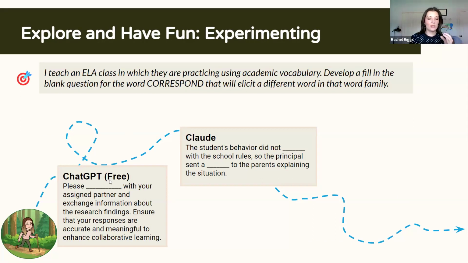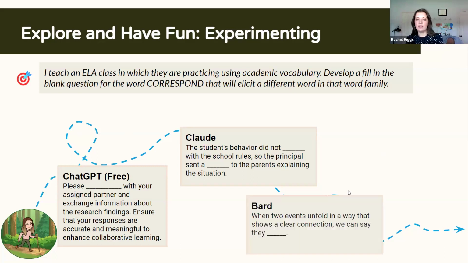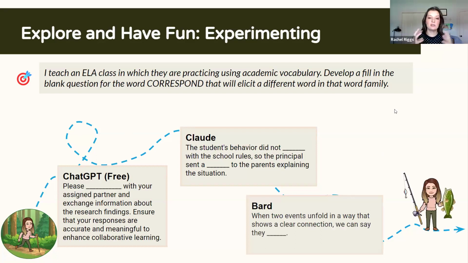I tried that out with ChatGPT and then with Claude and then with Bard, just as a way to get a sense for what the different tools are good at and the different features within those tools. Sorry, Bard is the old name of Gemini. So if you see Bard, just know that it's not called Bard anymore. It's called Gemini. I should have changed it on this slide. Everything's evolving very quickly. It's hard to keep up.